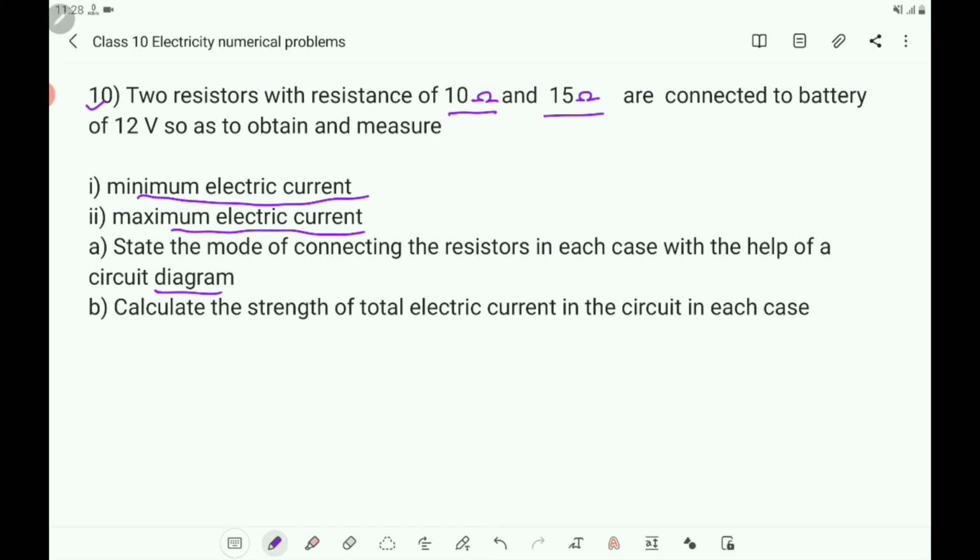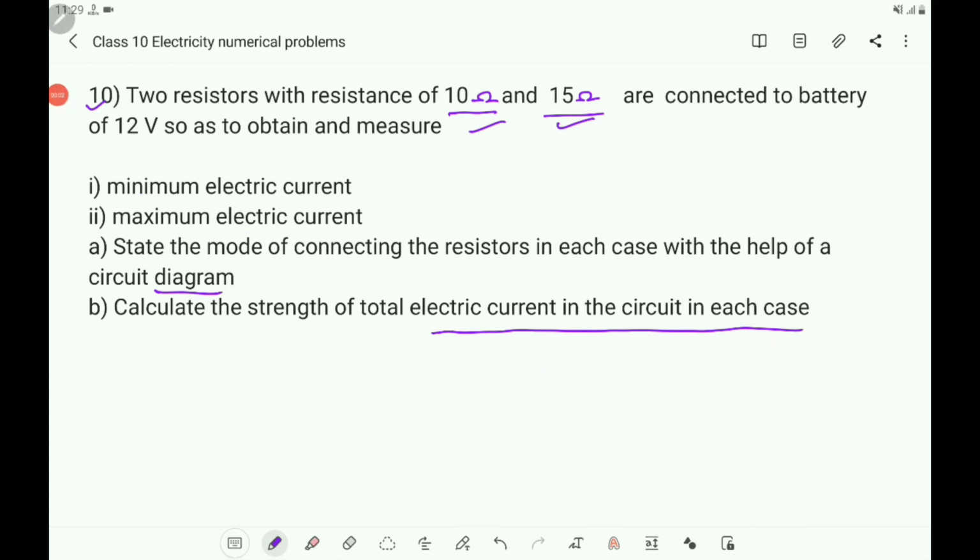Calculate the strength of total electric current in the circuit in each case. So here two resistors are there. The resistances are 10 ohm and 15 ohm. So to get the minimum electric current and the maximum electric current, we have to state the mode of connecting the resistors.